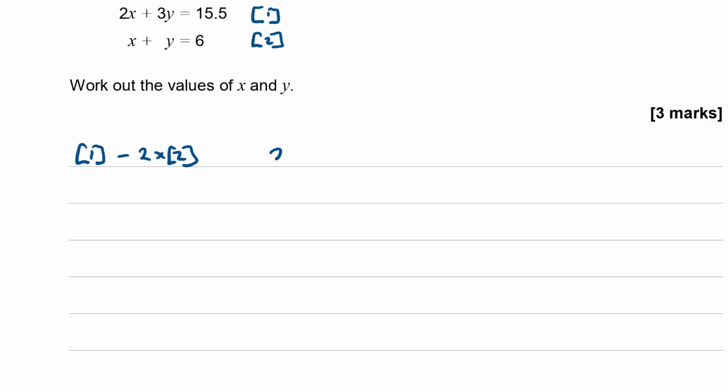So let's just write equation 1 out again. 2x plus 3y is equal to 15.5. And then we're going to write equation 2 underneath, but we're going to double everything up. So we're going to get 2x plus 2y equals 12.